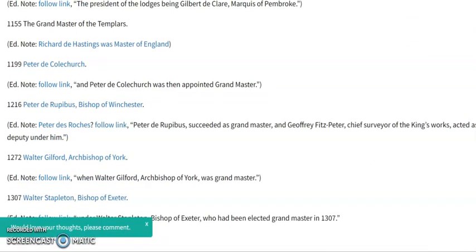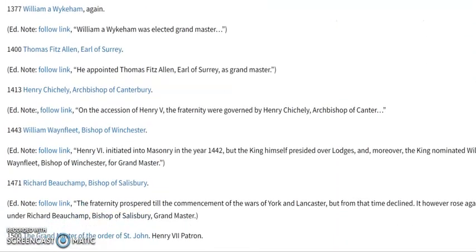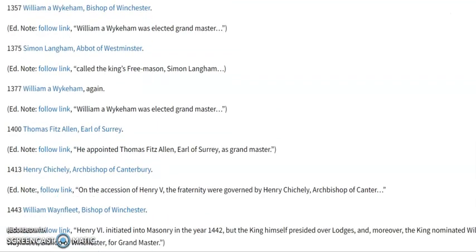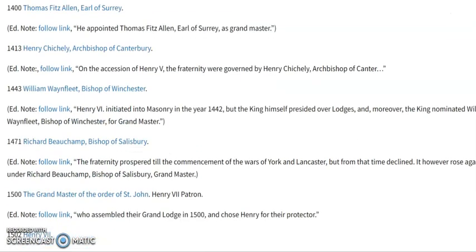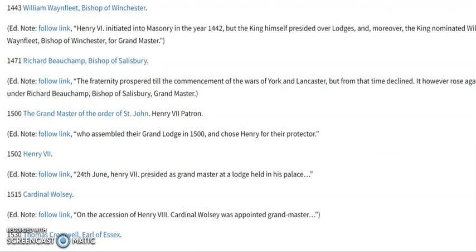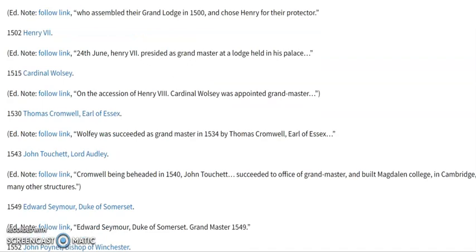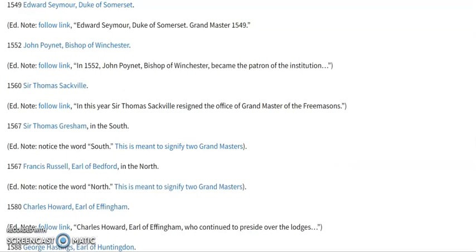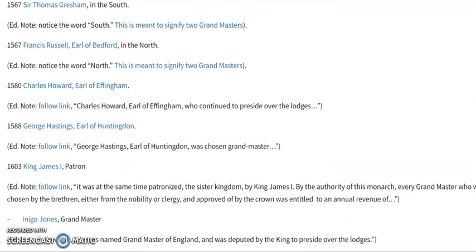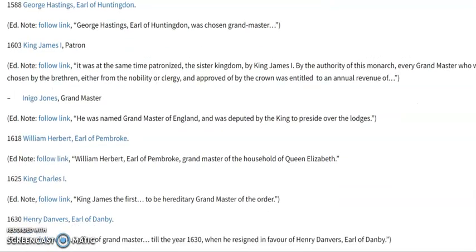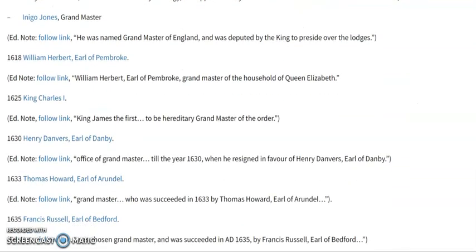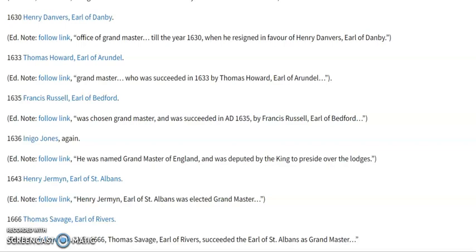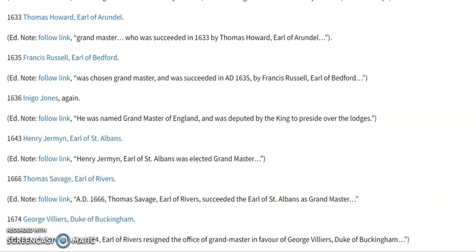So it's like a lot of the fictional characters as well, like Edward III, William Wykeham, Richard Beauchamp, the Beauty and the Champ, Cromwell, Thomas Sackville, Francis Russell, King James I, King Charles I, Henry Danvers, Thomas Howard, Francis Russell, Inigo Jones.